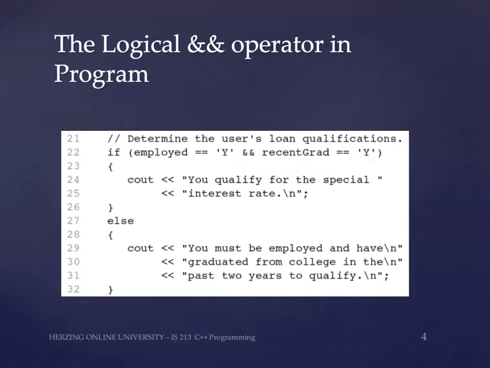If both are true, the logical AND operator evaluates to true, and the if statement executes. If neither are true, or only one is true, the logical AND operator evaluates to false, and the else statement executes.